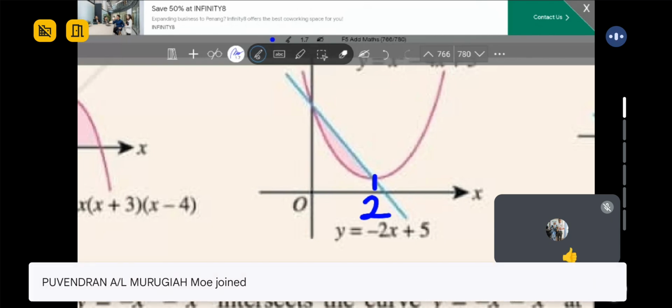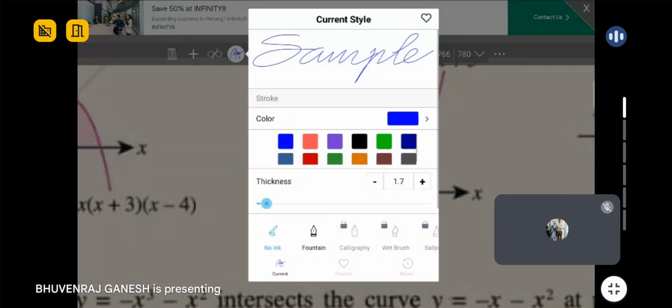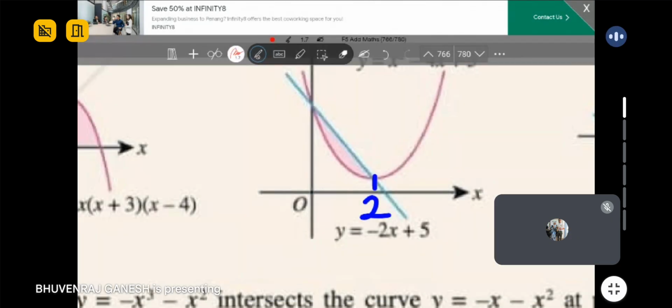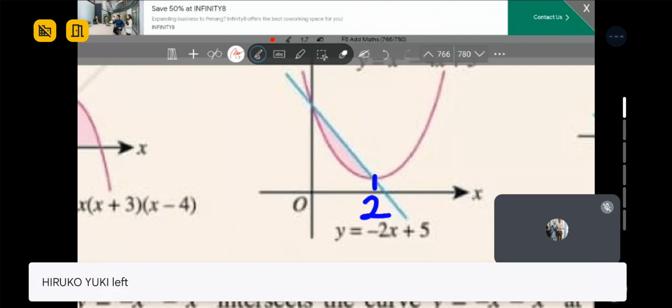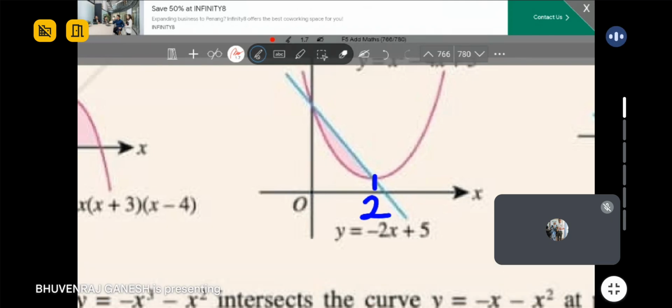Okay, so basically, how to find the area now guys? Macam mana cari luas? Apa konsep dia? What should I do? Find the area of the triangle and minus with the area of integration the curve one.